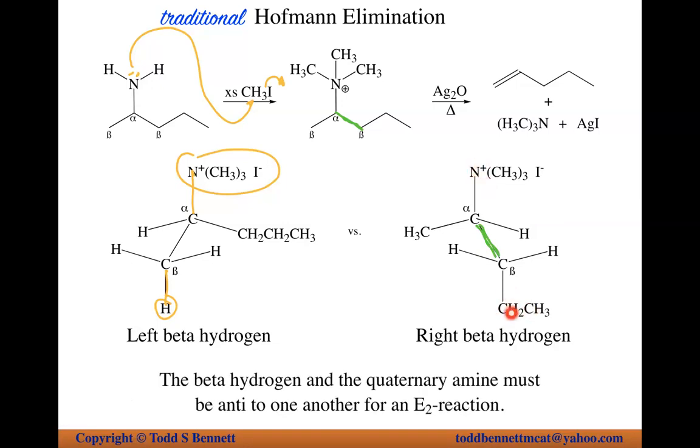Now you have the bulkiest groups anti to one another. And because of that, there is no H to eliminate. So the H's that would be eliminated, here's my leaving group. The two H's are gauche. That was gauche drawing on my part. Whereas here it's anti. So only this can align in anti fashion.